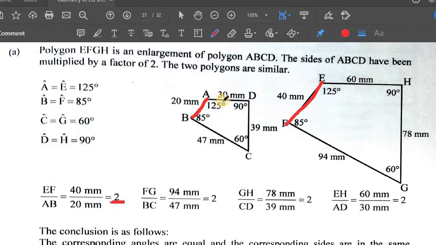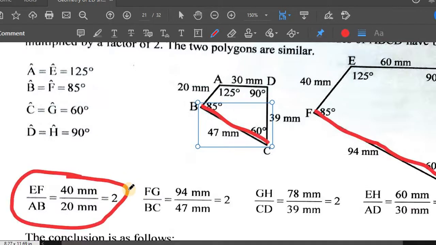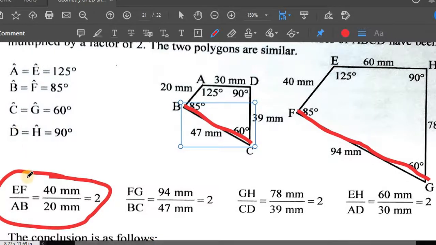Let's take this BC, and we can see that its corresponding side is going to be this FG. Now, in our first one, we took the larger image over the smaller image.